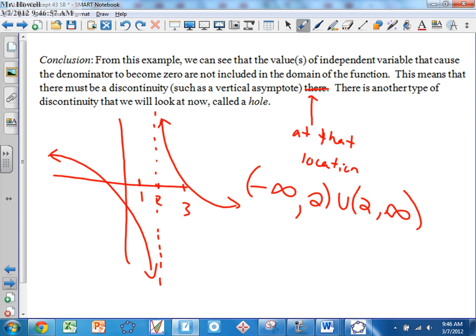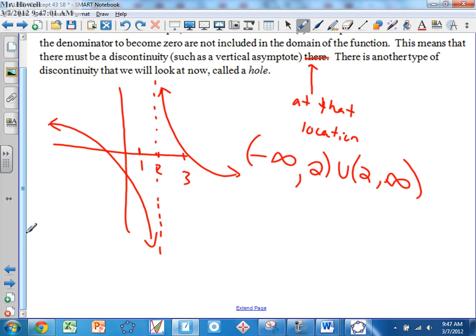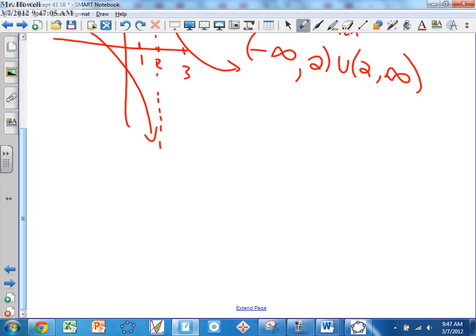Another way to represent the domain for this example that we just did, and this is a little bit different, would be to say x is in the set of real numbers such that x cannot equal 2. This is called set notation, and you'll learn more of it next year in your preview.